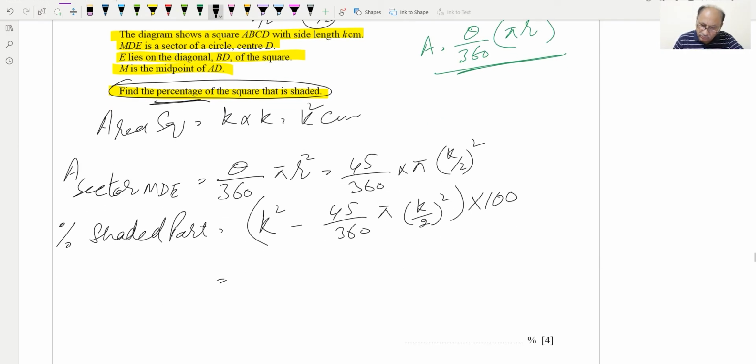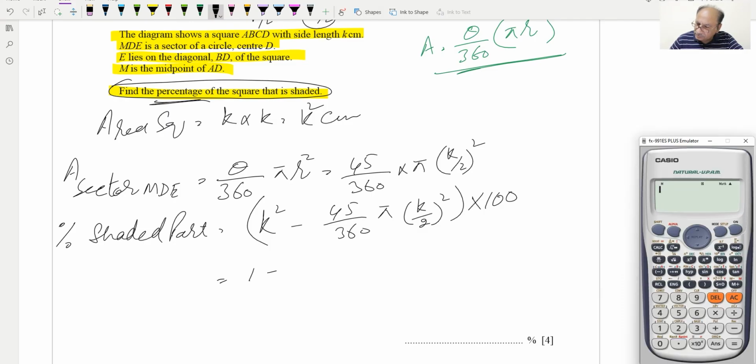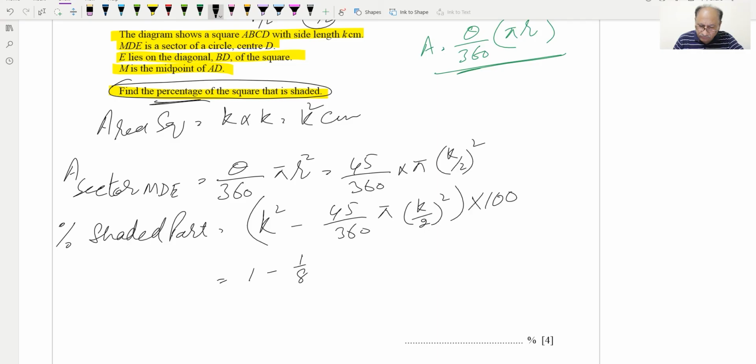what we can do, we can take k square common, so inside will be 1 minus 45 over 360. 45 divided by 360 will be equal to 1 by 8, so 1 by 8, pi into k square is gone out, so this will be 1 by 4, and outside will be k square into 100.